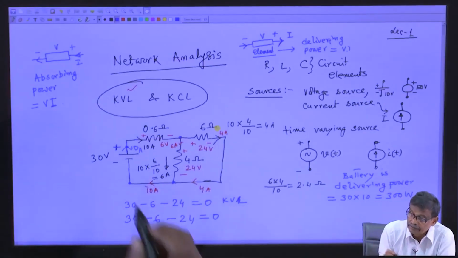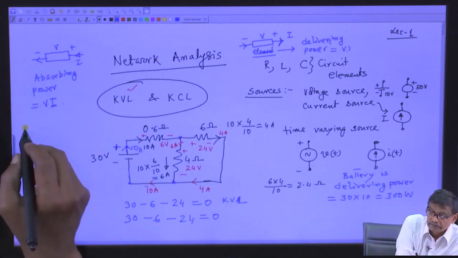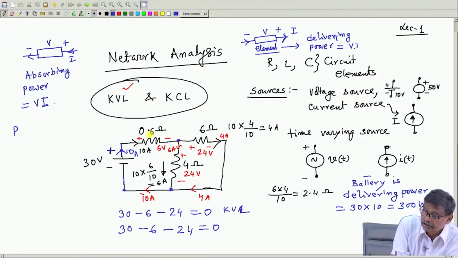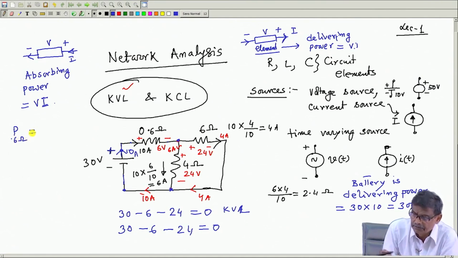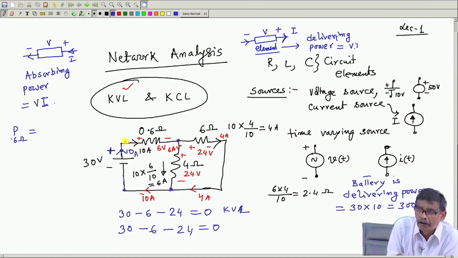So, let us see the power in this 0.6 ohm resistance. Is it absorbing or delivering power? The voltage drop across it is 6 volt, this is plus, this is minus, and current of 10 ampere is entering through the plus terminal, and therefore, this must be absorbing power. So, what is the value of this power?